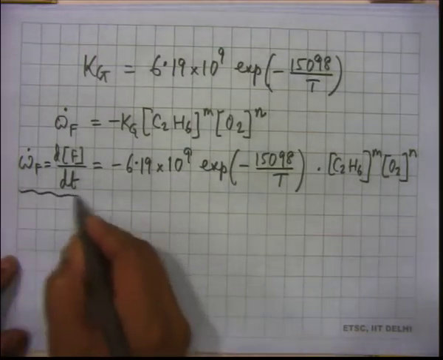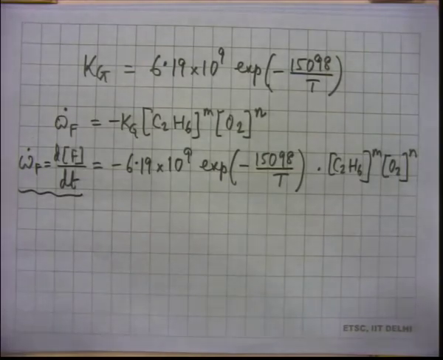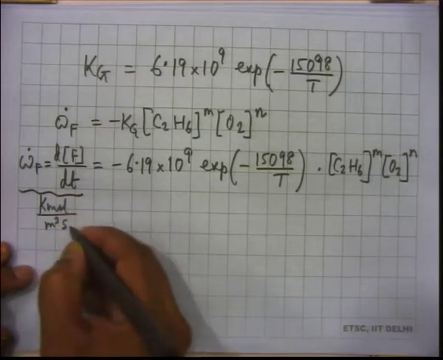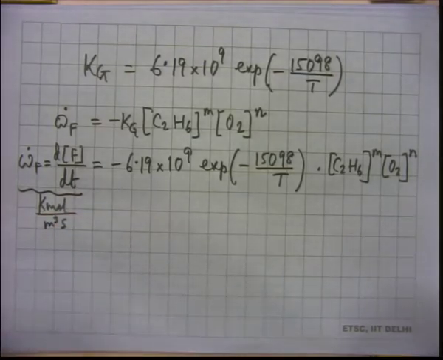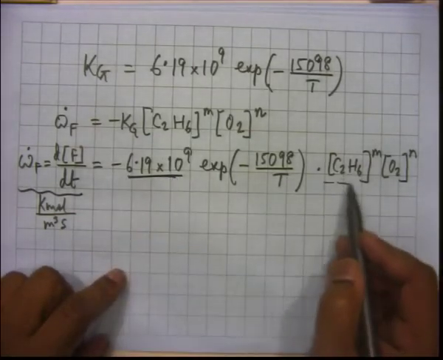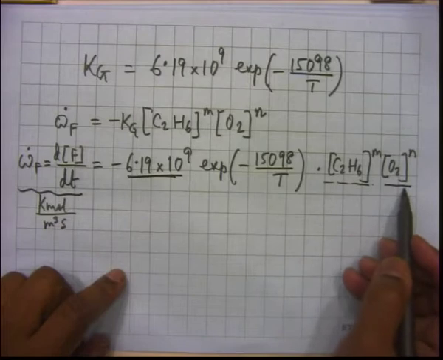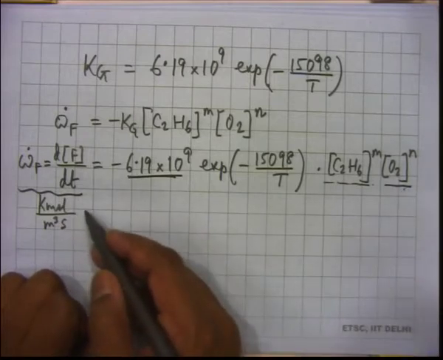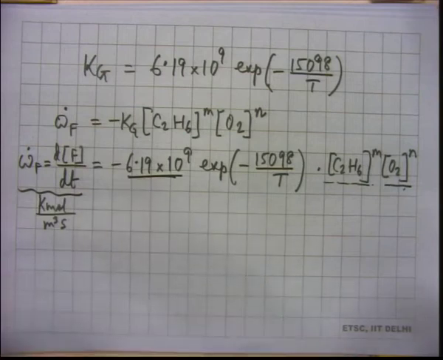So, what is the unit of this? Kilomole per meter cube per second. So, the unit of kg should be such that when multiplied by these units, it should give you kilomole per meter cube second. Okay. So, again I think this is not hard for you to check out.